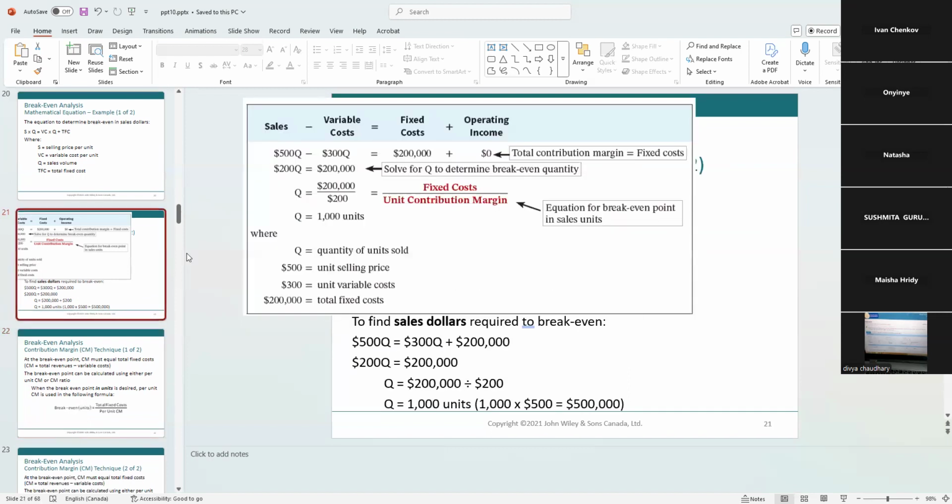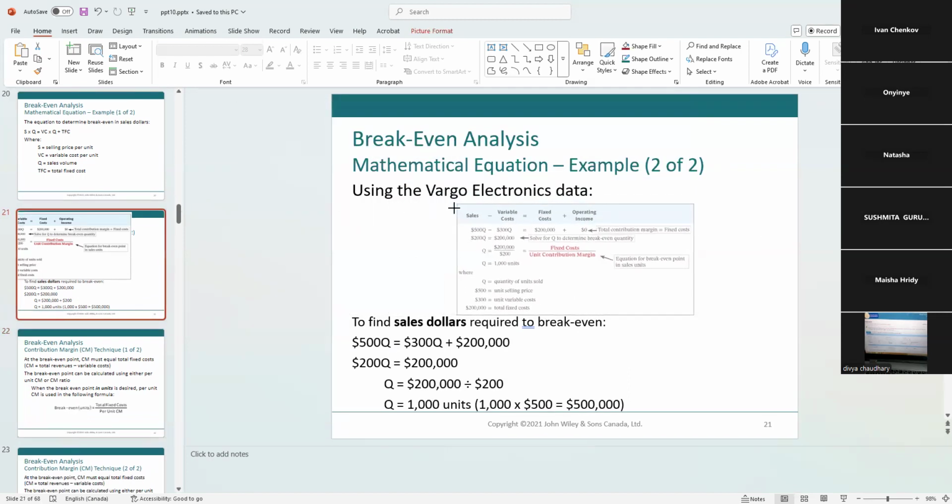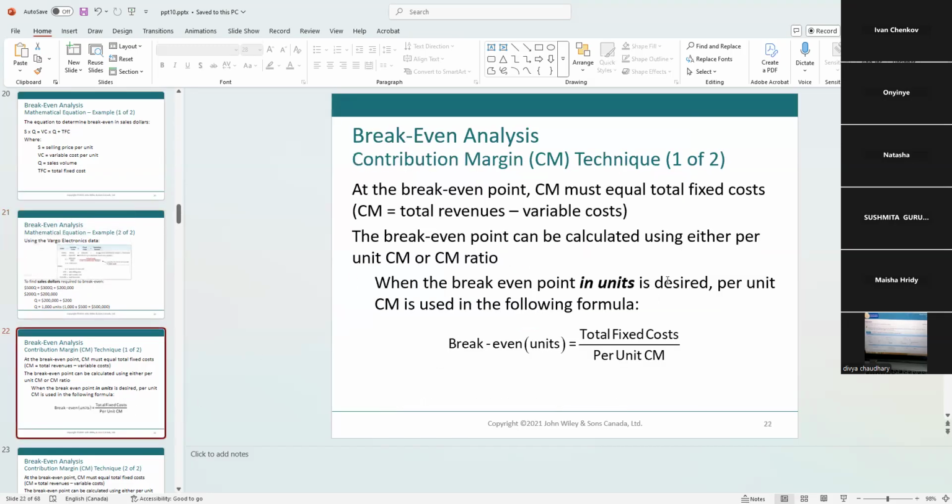So if we do this by the equation with the formula method, what we're going to have is the total fixed cost as a numerator and contribution margin per unit as a denominator in order to get the number of units. So for the units, it's fixed cost over contribution margin per unit.